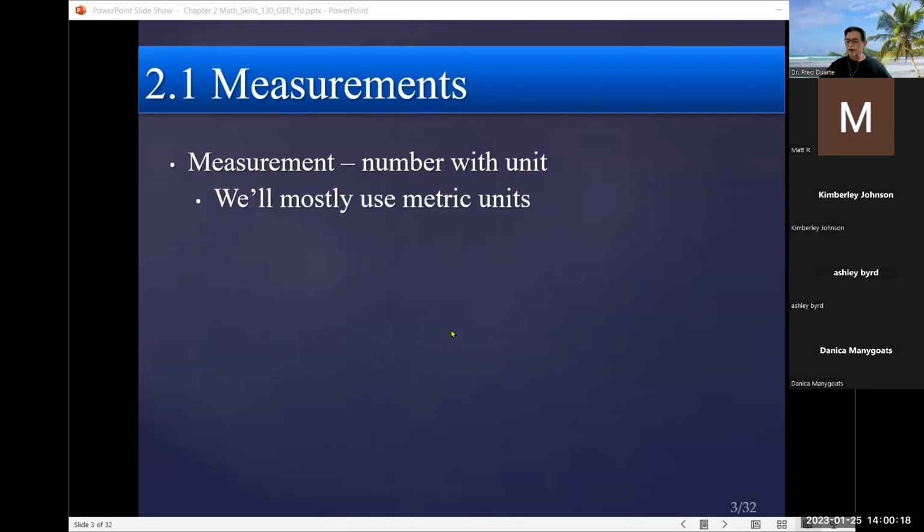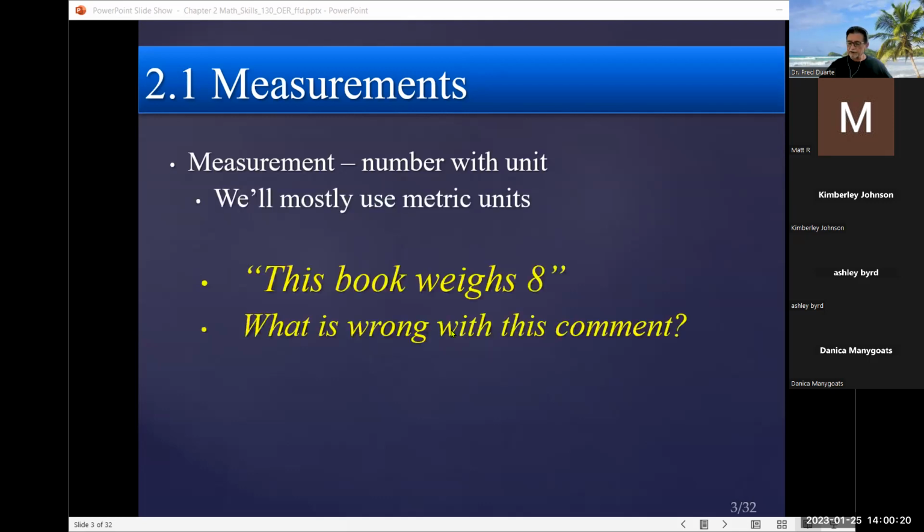That's the important part, because without units, that number doesn't mean anything. If you make the comment 8, what does that mean? In science, we have to be very specific. We're talking about 8 pounds, 8 tons, and so on. We have to be very specific, and that's where units are quite important.